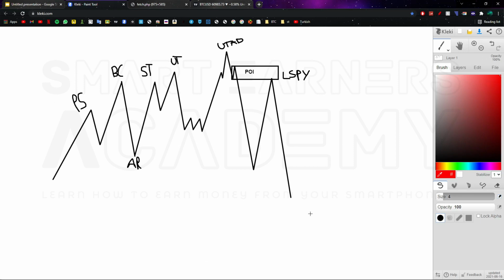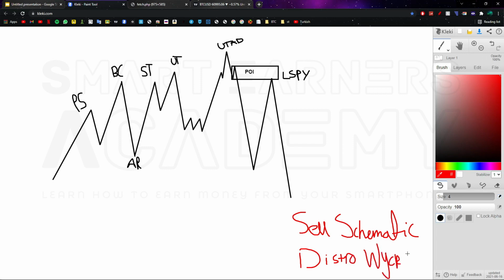So I'm just going to point this out here. This is the sell schematic. Right, so this is the distribution. I'll just write that for short, distro Wyckoff. Right, so this is the sell schematic or the distribution Wyckoff, right?